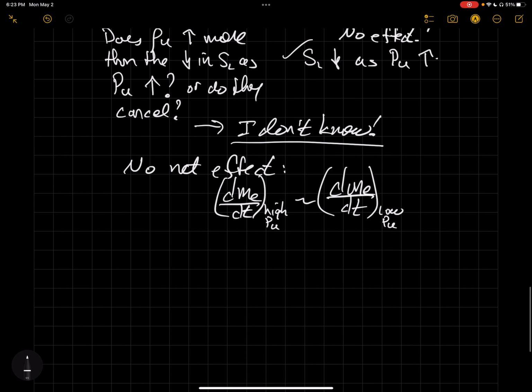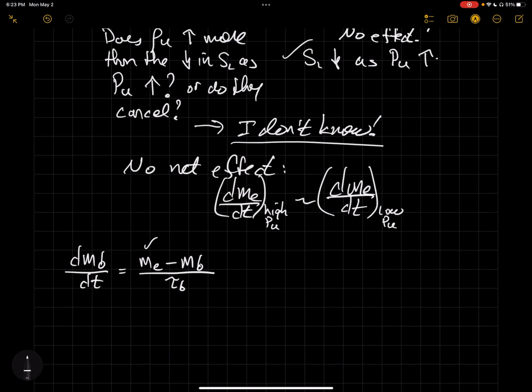But let's not forget about the burnup rate. So we have dm_b/dt, and this is, of course, equal to the entrained mass minus the burned mass divided by the burnup time, tau_b. Well, we've already established that m_e, the entrained mass, is more or less increasing at the same rate for the high pressure case as for the low pressure case.